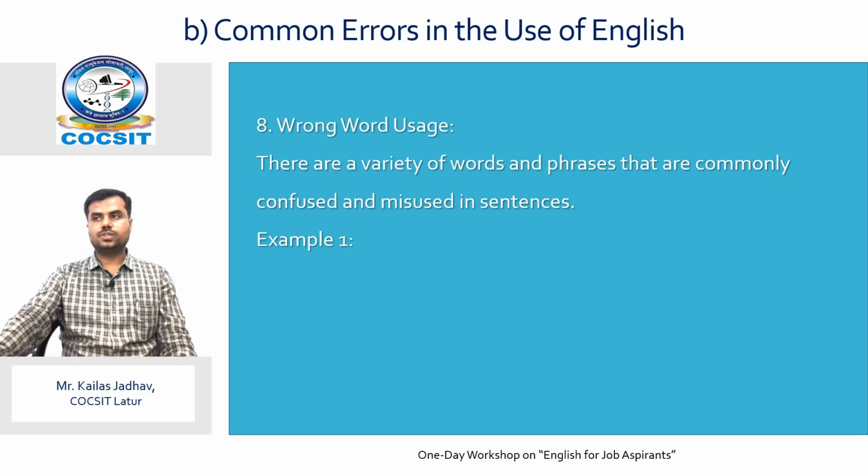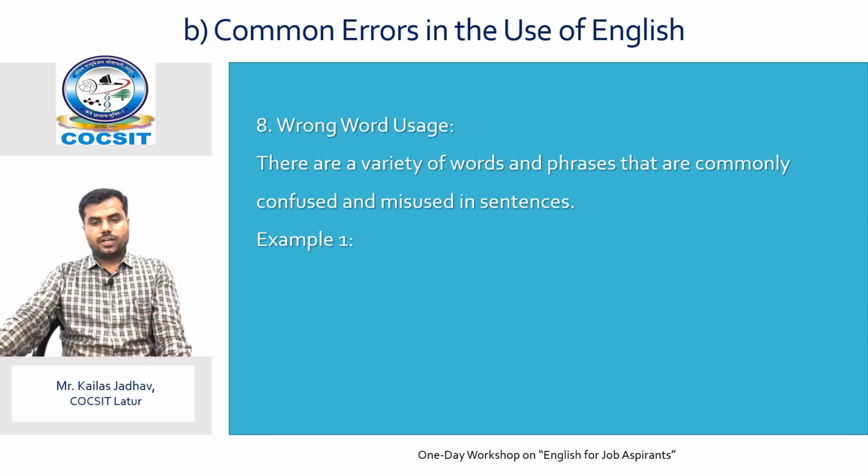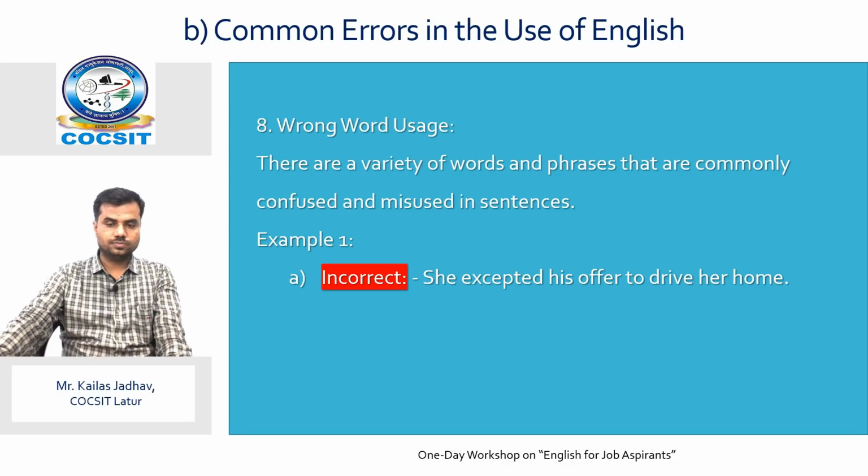Wrong word usages. What are the wrong word usages? We don't use the proper words. Then that becomes an error. Now look at this. There are a variety of words and phrases that are commonly confused and misused in sentences. An example can be cited here. She accepted his offer to drive her home.